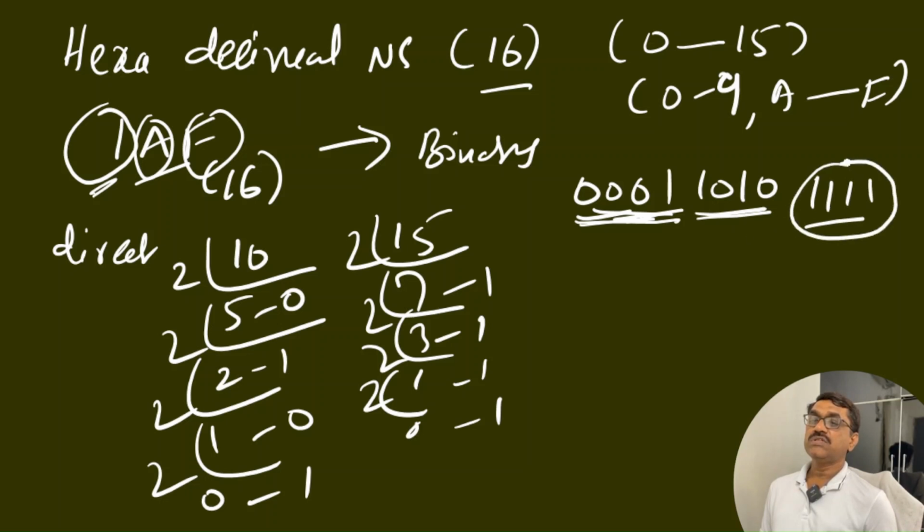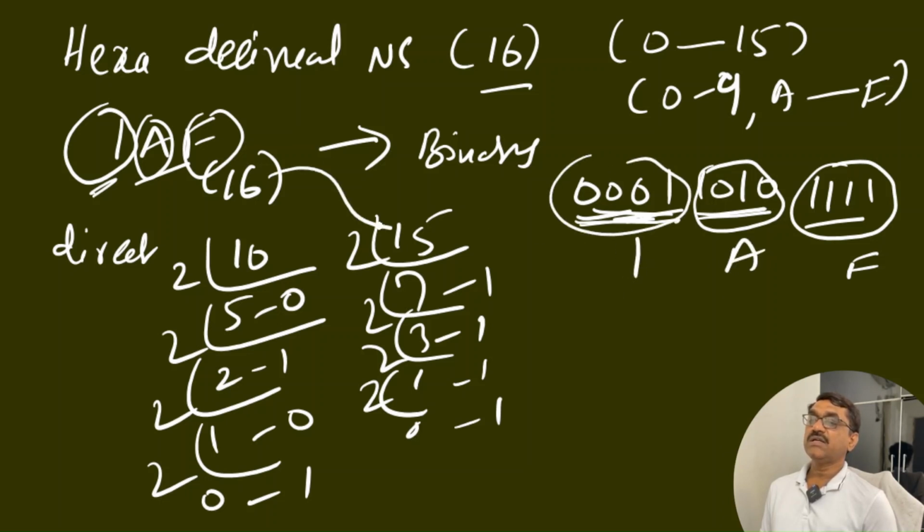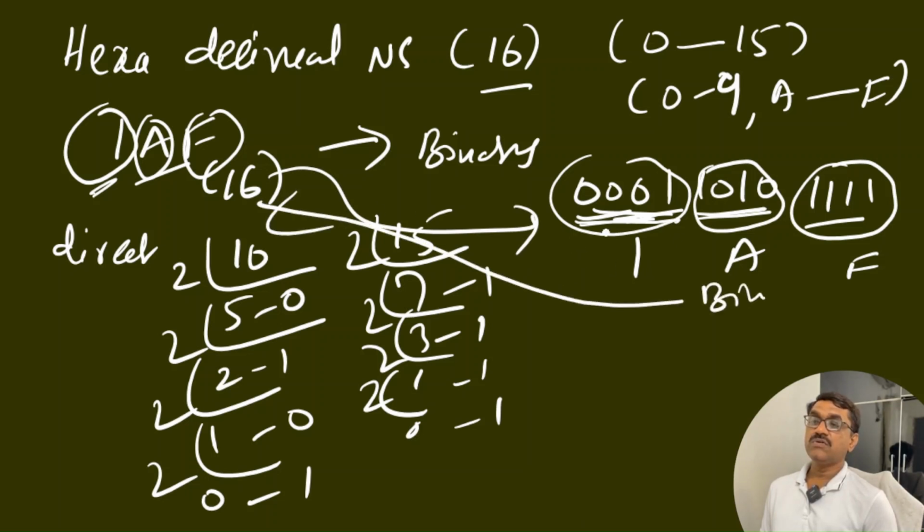So 4 ones is the binary equivalent of F, 1010 is the binary equivalent of A, and 0001 is the equivalent of 1. This is the direct conversion from hexadecimal to binary. From binary to hexadecimal also, you can take the bit pattern, take 4 bits at a time, and convert into decimal directly, so that we are going to get the hexadecimal number. This is the direct approach.